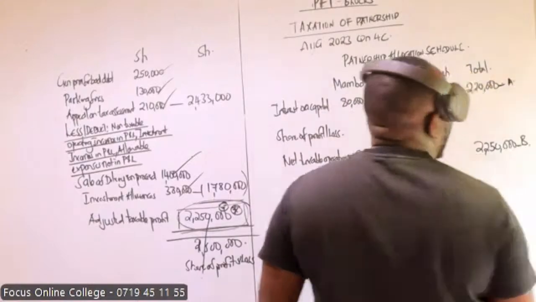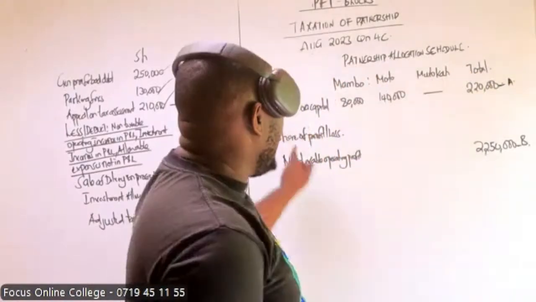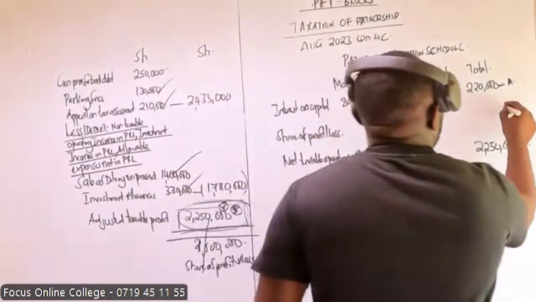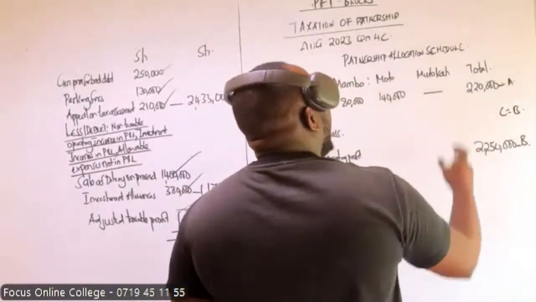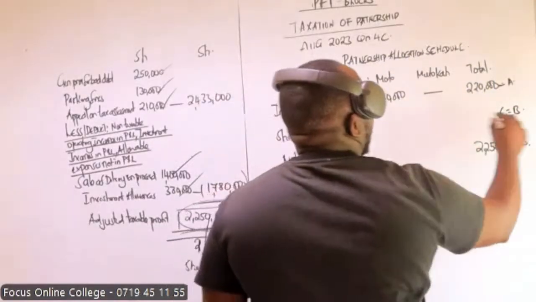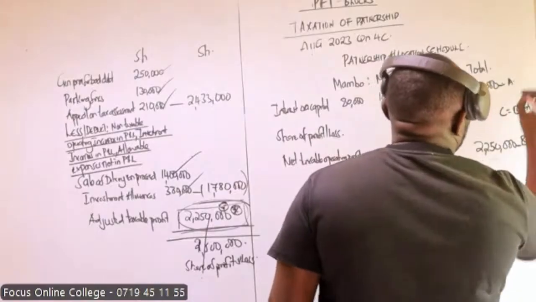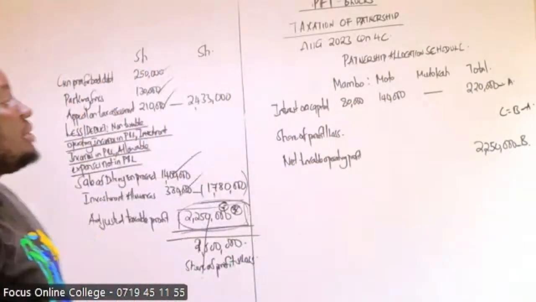Are we together? How do you get the profit share, which is in the middle? We call it C. So this C should be B, which is the net taxable operating income, minus the summation of A. So what do you have as the profit share?